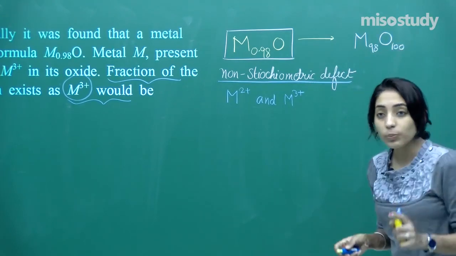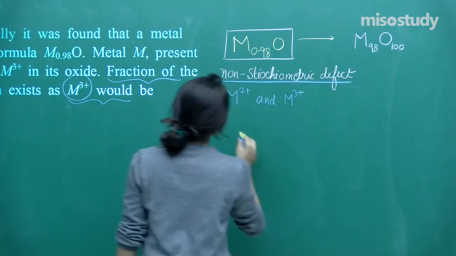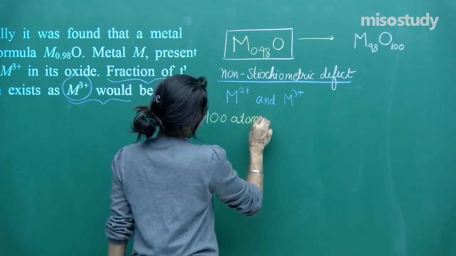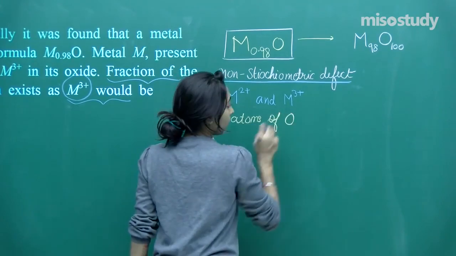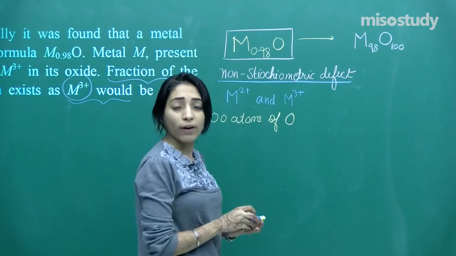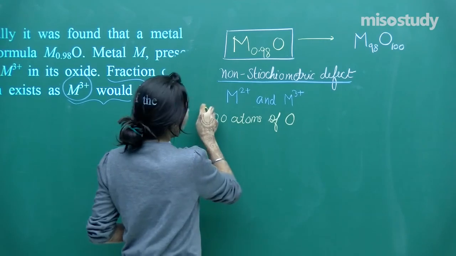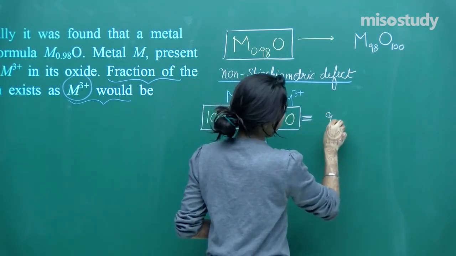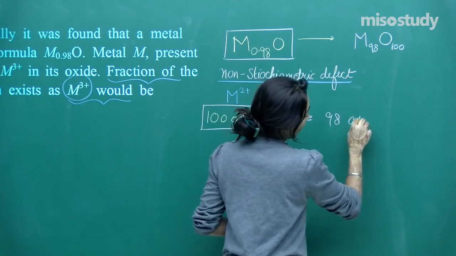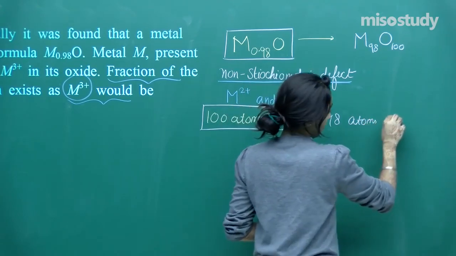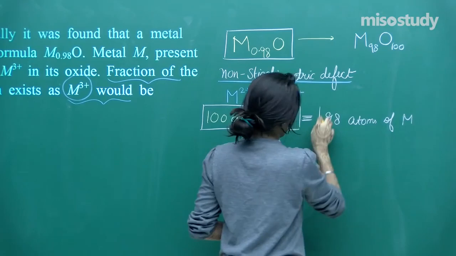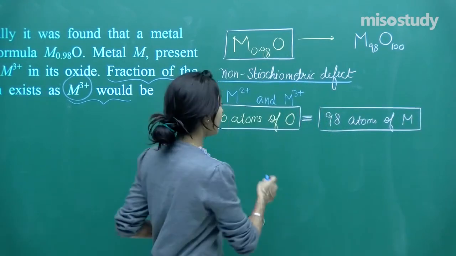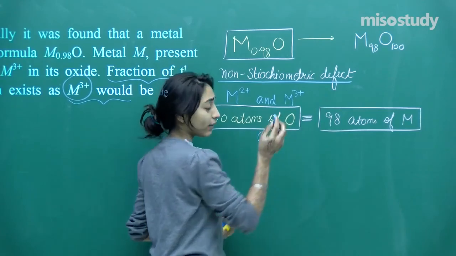That means if I am taking a total of 100 atoms of oxygen, I can take a total of 98 atoms of metal. Oxygen is always present as O2 minus in the case of an oxide.